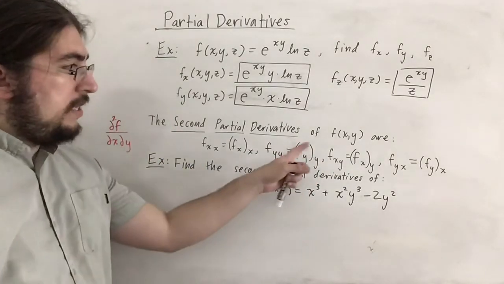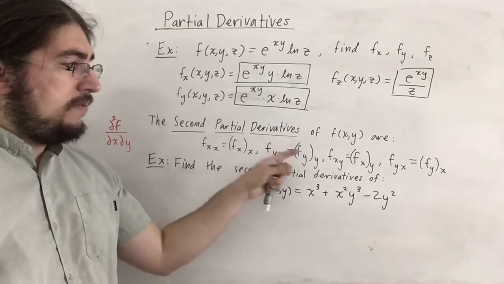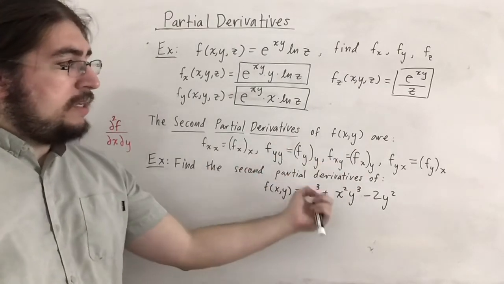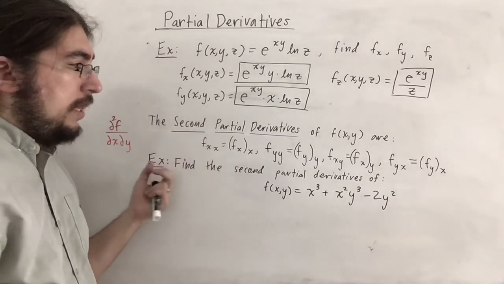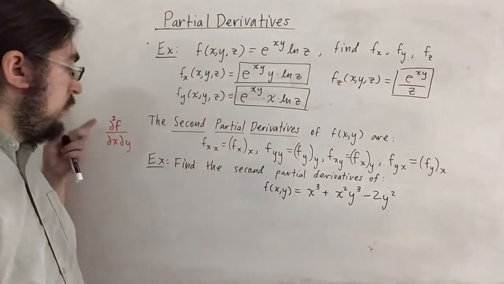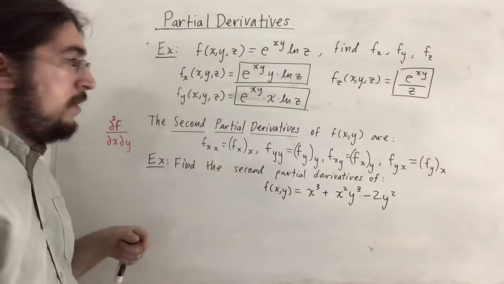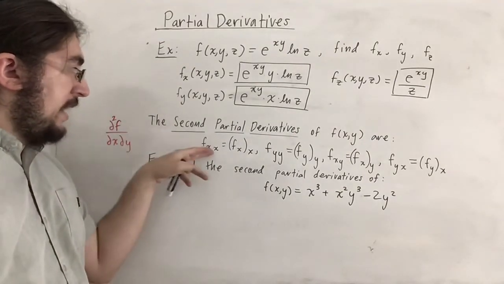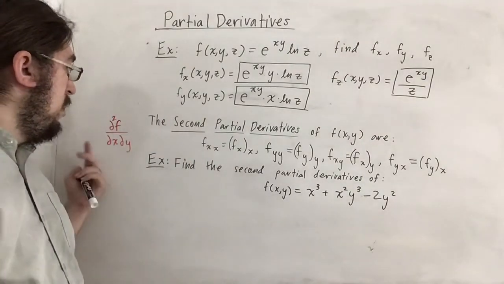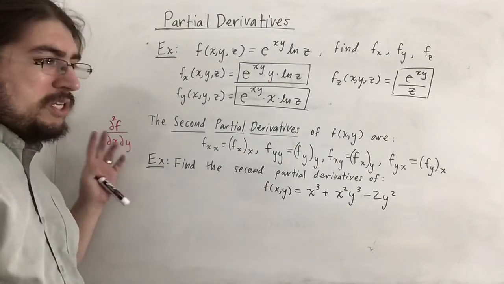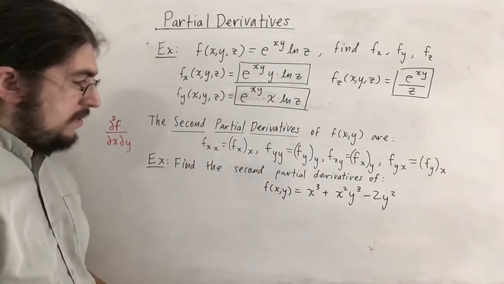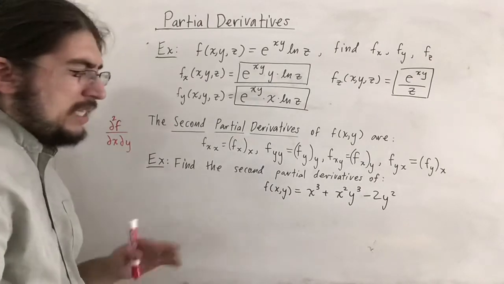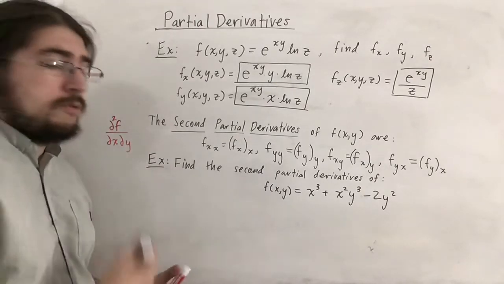Imagine fx is del f over del x, and then taking with respect to y, now we get another del over del x in front, so we get two dels on the top here. Similarly for fxx, this would be del squared f over del x squared, which you could just write as del x quantity squared. But anyways, that's just the partial notation, which is equivalent to, again, this Leibniz notation.